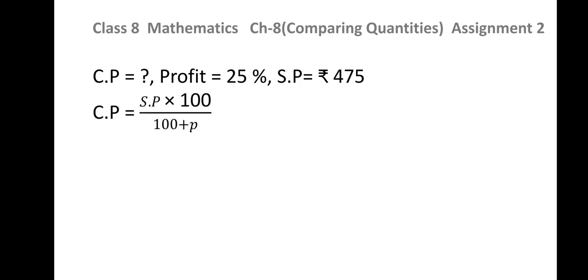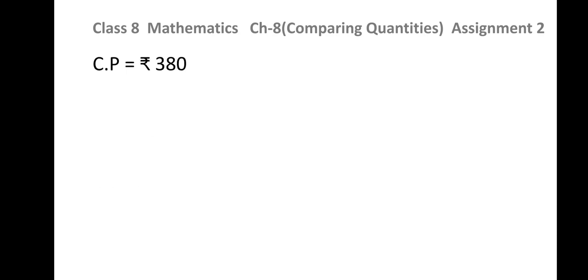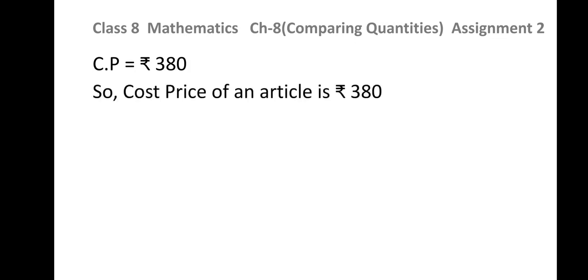And we know the formula that CP is equal to SP into 100 over (100 plus profit percent). Putting the values, it will be 475 into 100 over (100 plus 25). So CP will be equal to 47,500 over 125. Solving these two, you will be getting CP as 380. So the cost price of an article is rupees 380.